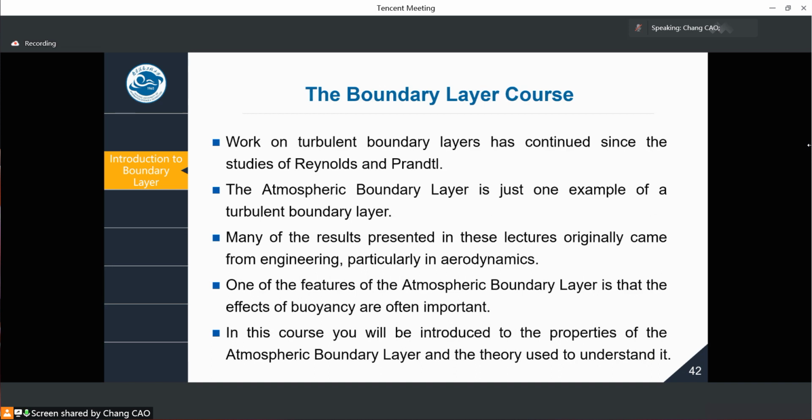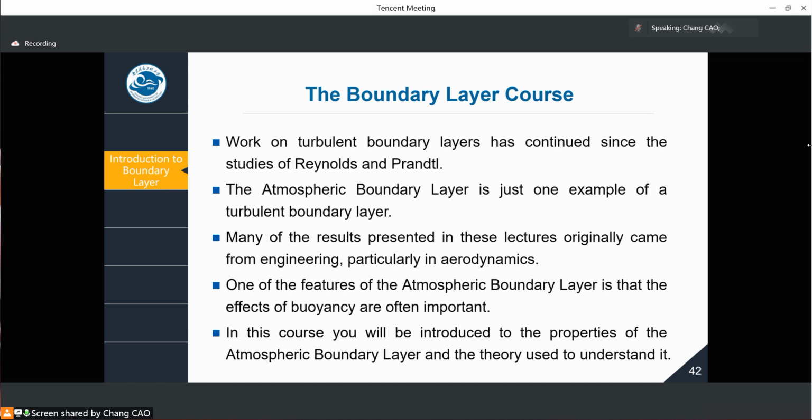So for our course, we will work on turbulent boundary layers. We just introduced the work that has been done by Reynolds and Prandtl, but what we should know is that work on the turbulent boundary layer has continued until now. People are still investigating the boundary layer, so our understanding is still deepening.